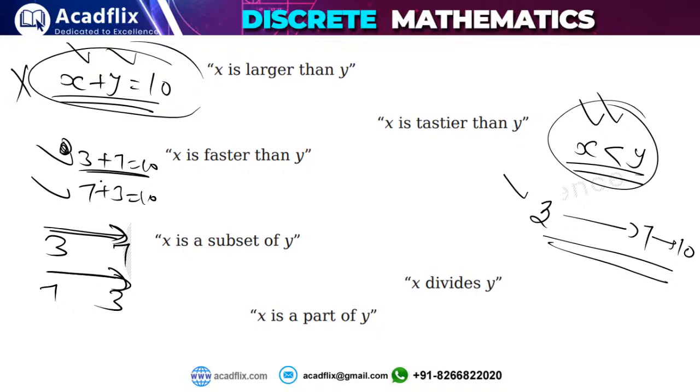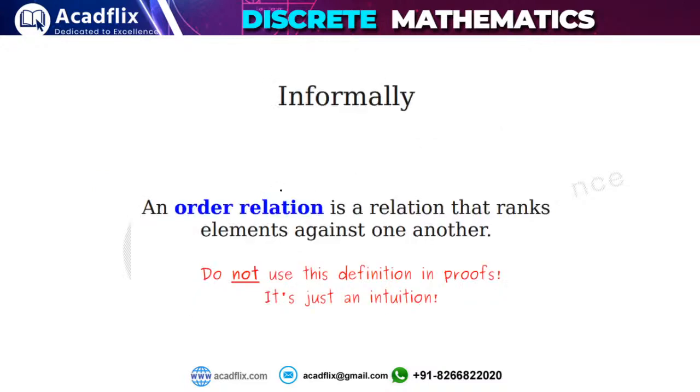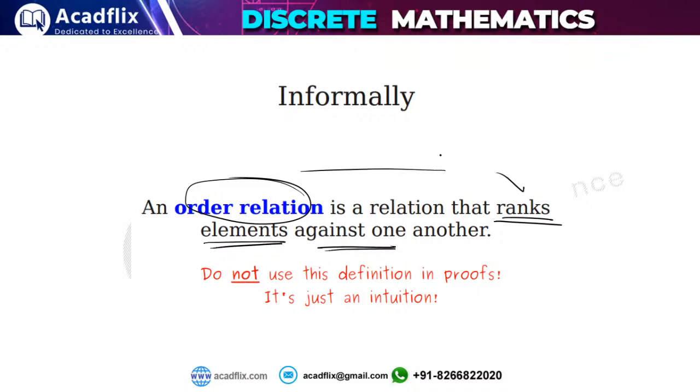Don't worry if you did not get it. I am just saying that this is the intuition behind order relation. Basically, in an order relation, we can put the elements in some order. We can give ranks to the elements, like in the Titanic movie.